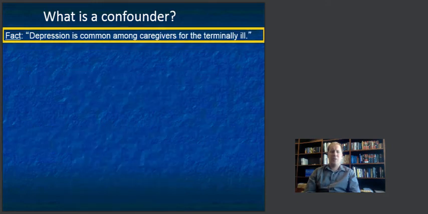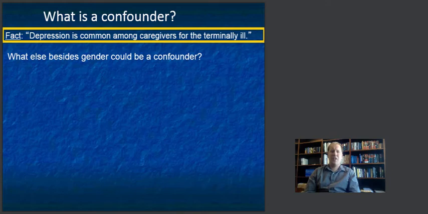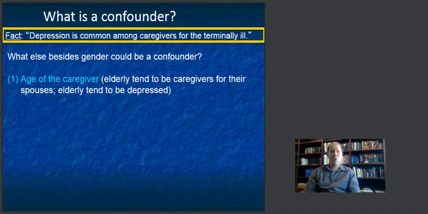Okay, there are other variables besides gender that we might want to take into account before we can automatically conclude that caregiving for the terminally ill causes depression. What other factors could you think of that we might need to control for? Well, one example could be the age of the caregiver.